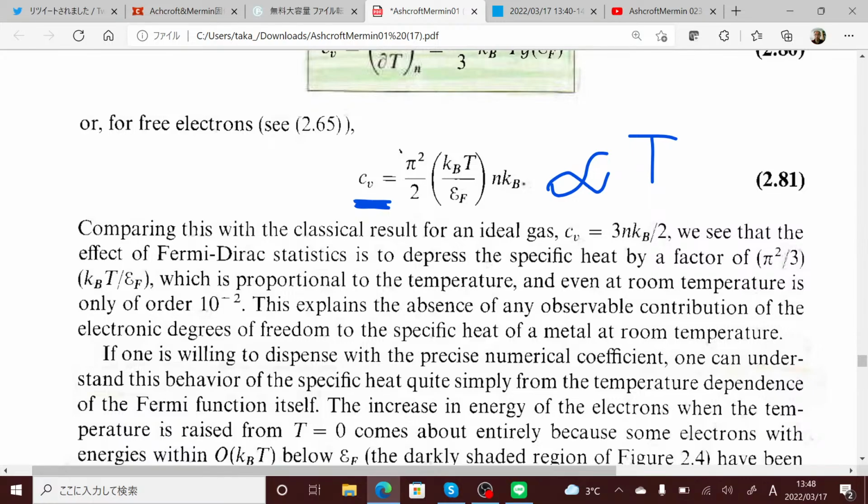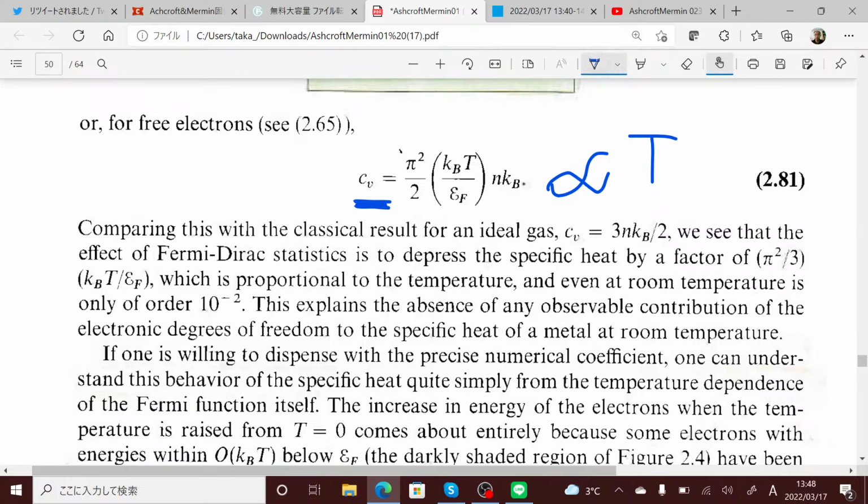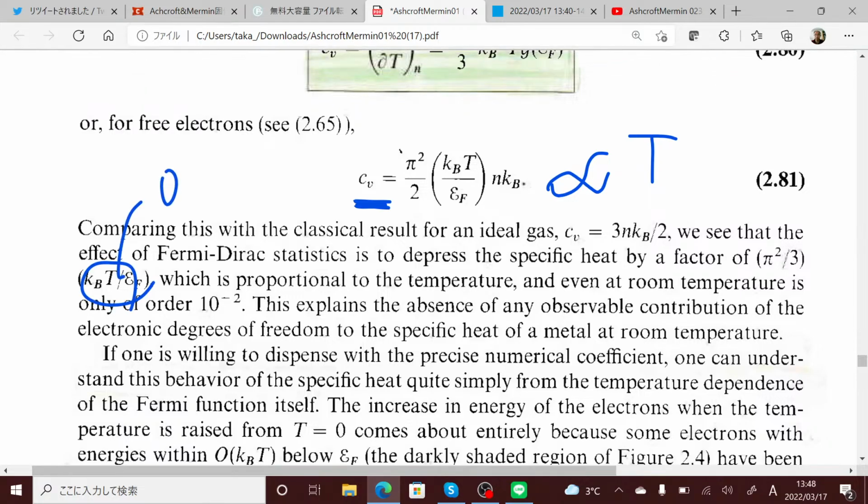This explains the absence of any observable contribution. So this value is 0.01. Then pi squared over 3 is about 3, so this is like 0.03.